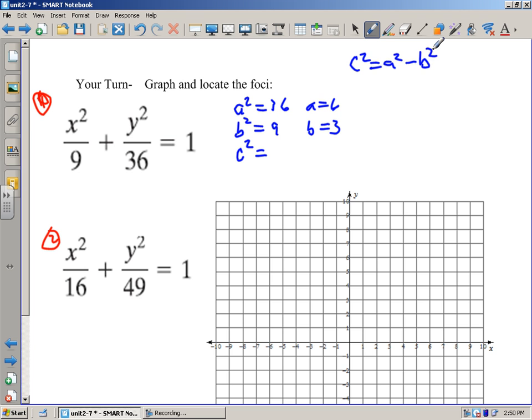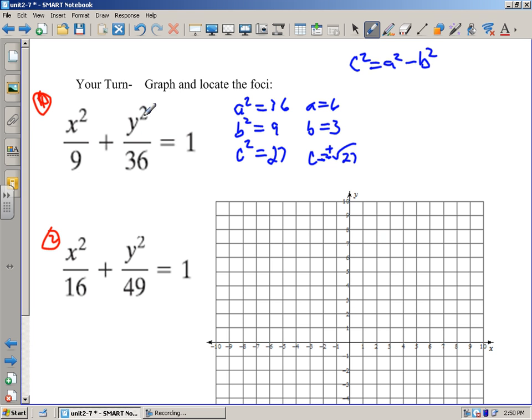And 36 minus 9 is 27, just like it was last time. And so c is the square root of 27. And again, we're looking at the positive and negative square root of 27. And we've got enough to graph it.